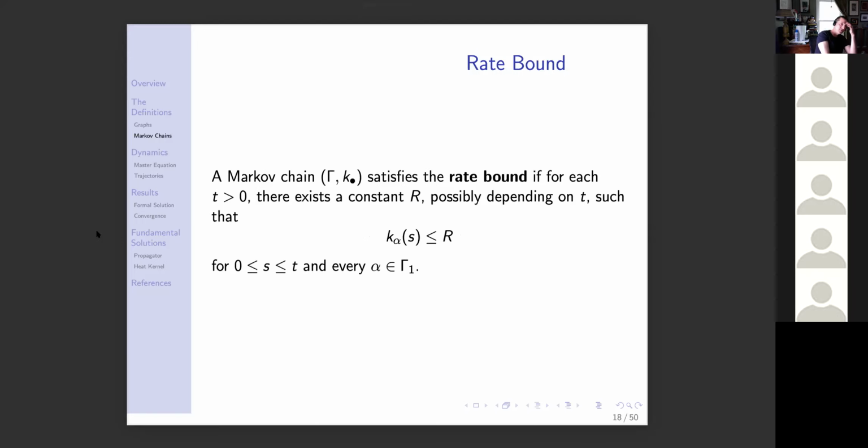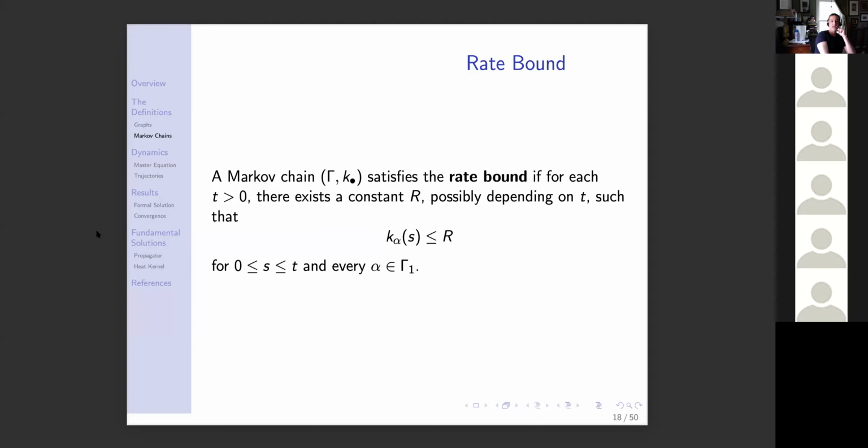I have to introduce two conditions, which are bounds on my continuous time Markov chains that are only necessary if the state diagram is an infinite graph. If it's a finite graph, I don't have to assume these conditions, they're automatic.